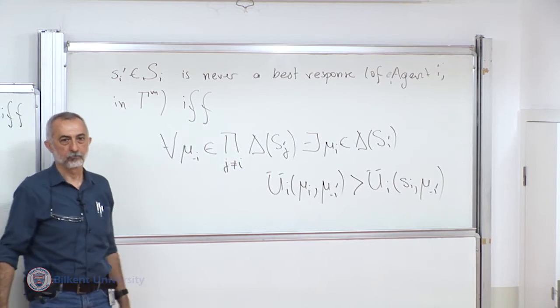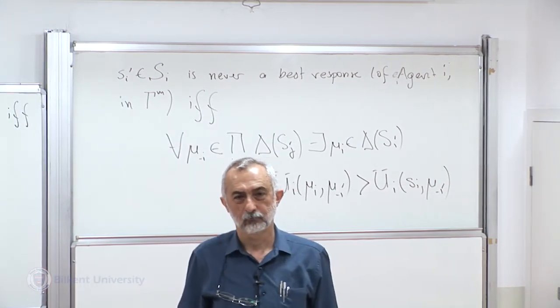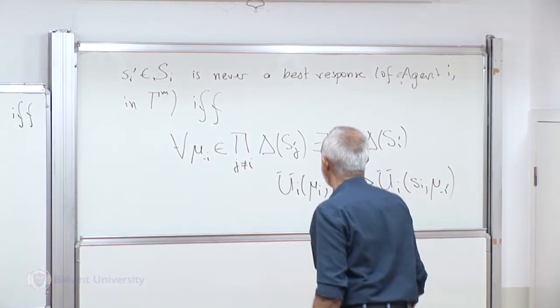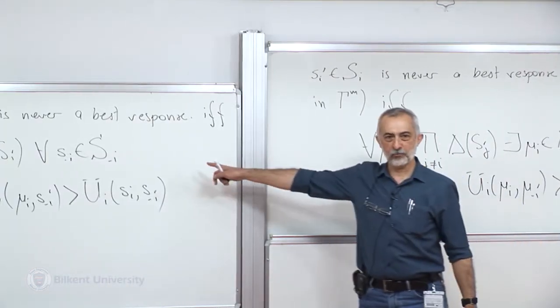Yep? Does this come from the fact that mu minus I is a convex combination of S minus I? Okay, I'm glad that you asked. So it looks like this trivially follows from the definition, right?